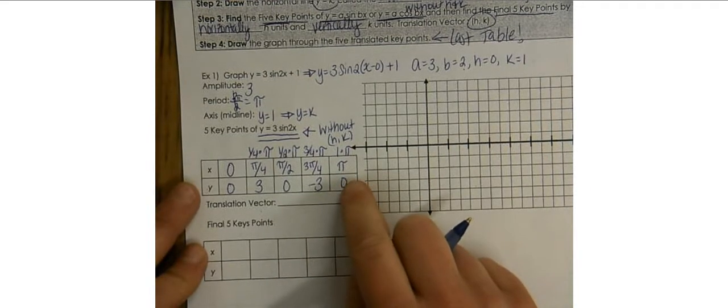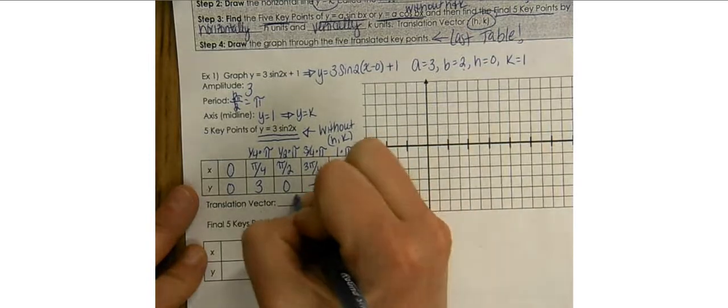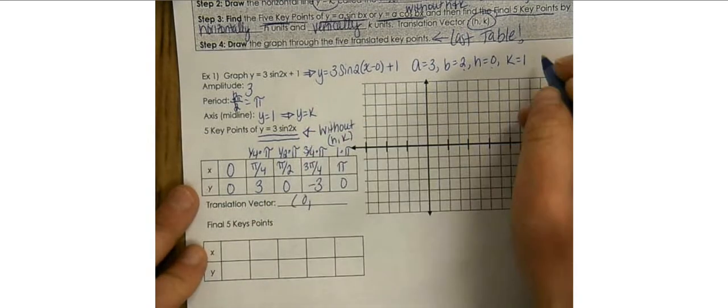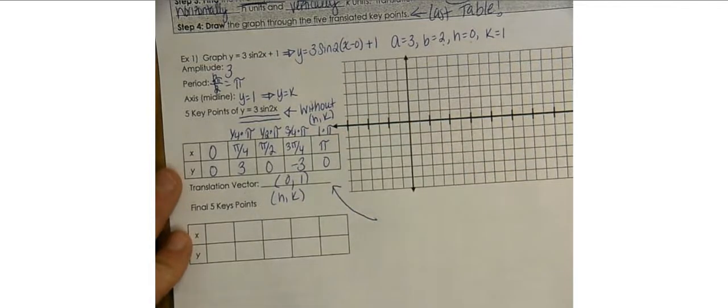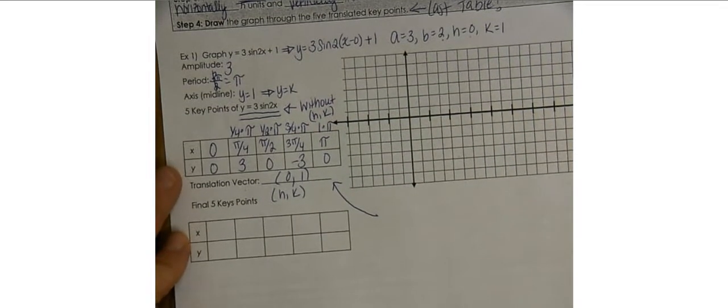Now I'm not going to plot these points. These points are going to help me with figuring out what the translation value is going to be. So my translation vector is this. My h value is 0 and my k value is 1. So this represents my hk. That's your translation vector. And what this means, and I need you guys to make sure that you write this down because this is going to help you when it comes to writing equations based on words.